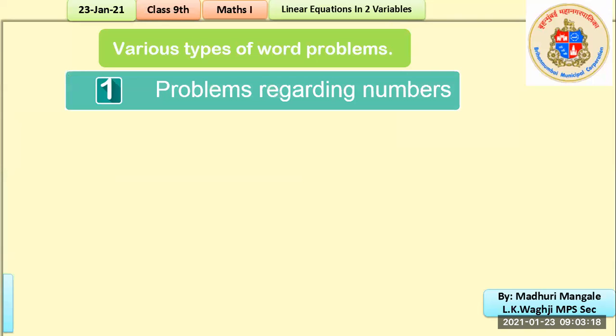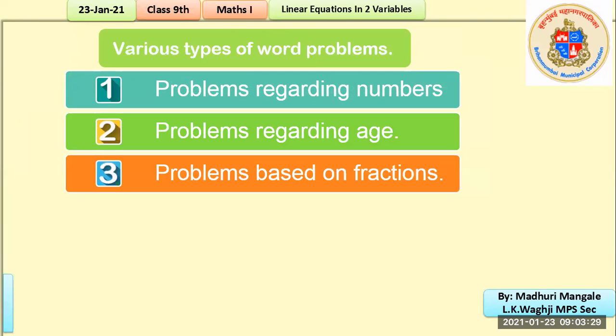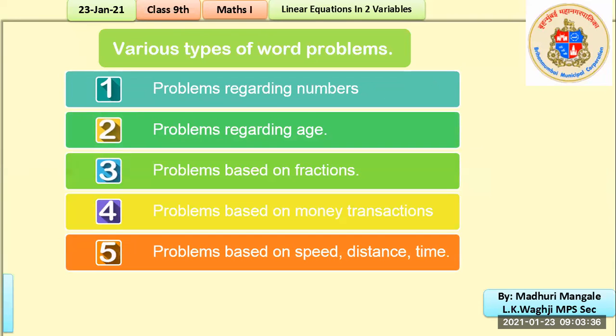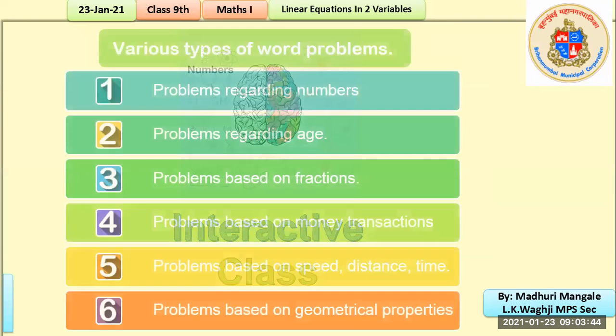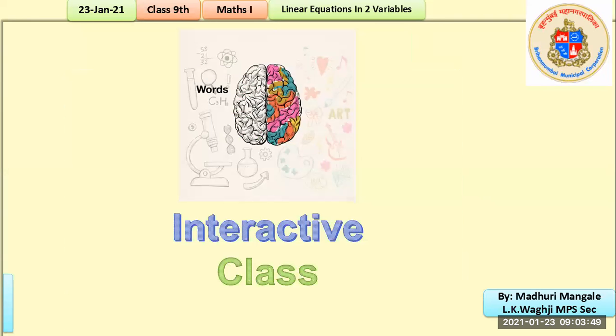These word problems can be based on numbers, or on age, or on fractions, or on money transactions, simple interest and compound interest, then problems based on speed, distance, time, and finally some problems based on geometrical properties. For today we will be looking at very simple 2 to 3 types of questions only.